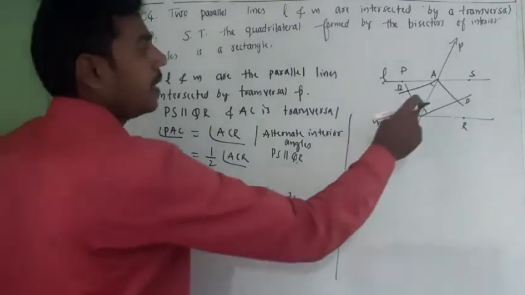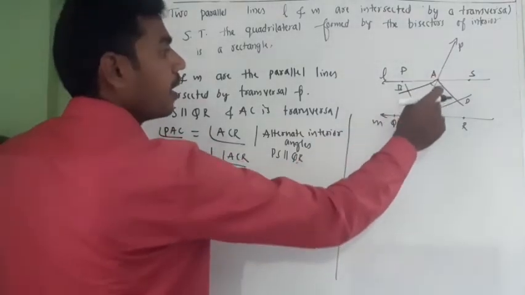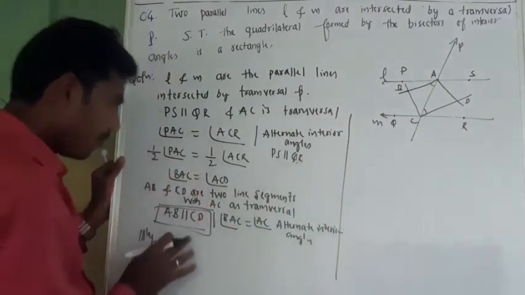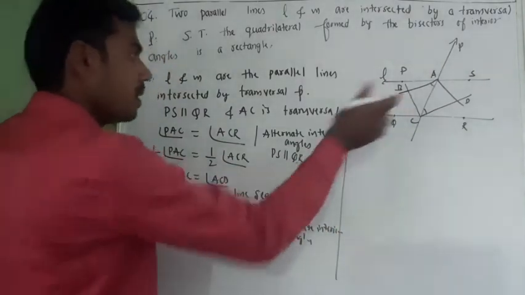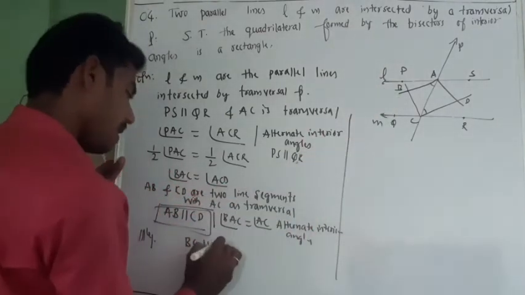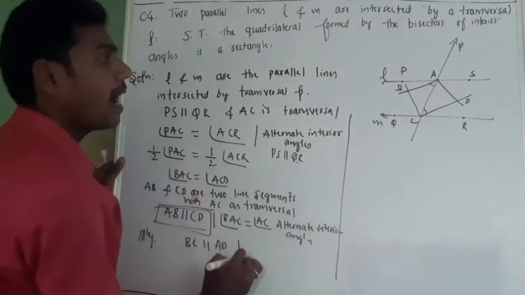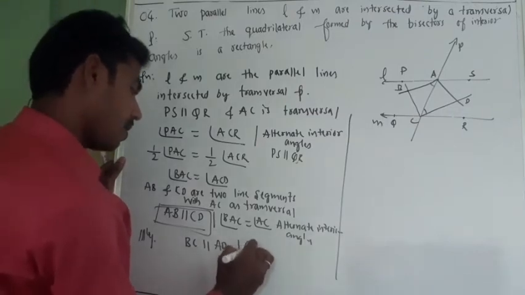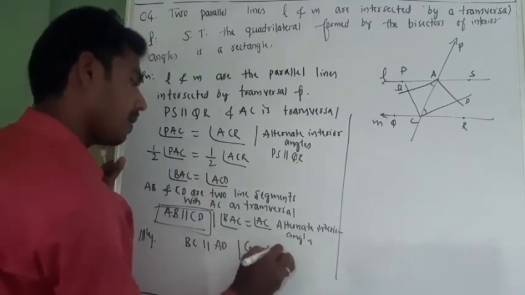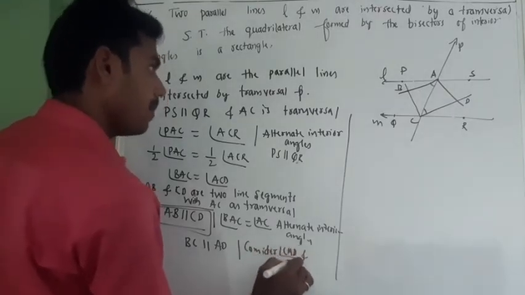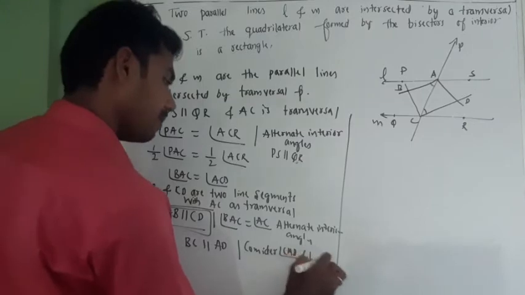Similarly, in the same way we can show BC is parallel to AD, considering angle CAD and angle ACB.